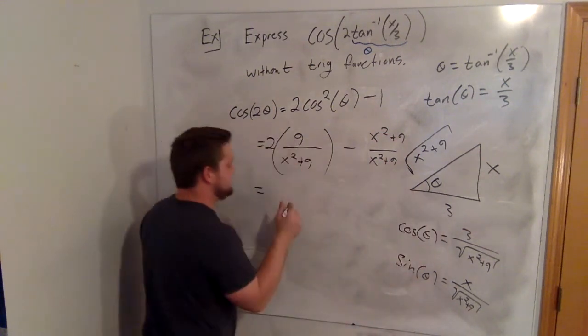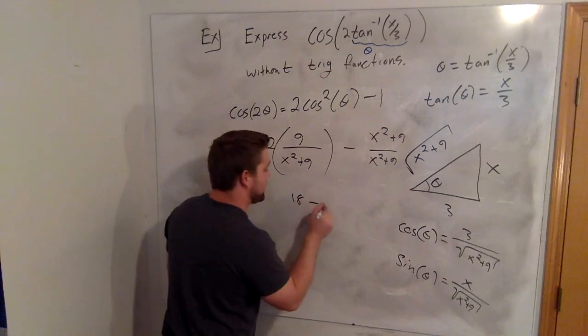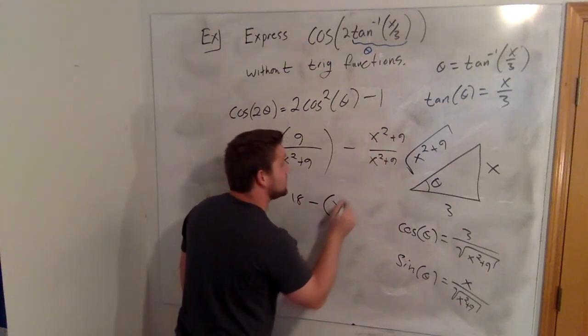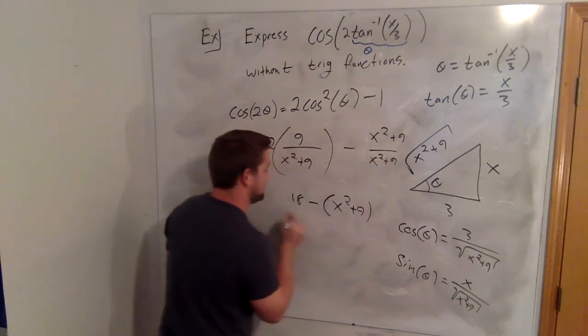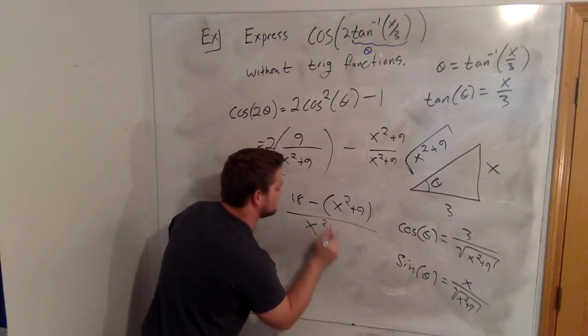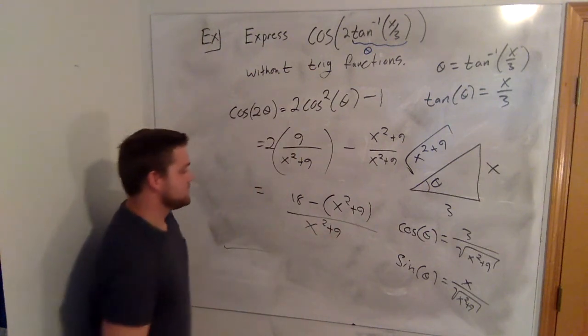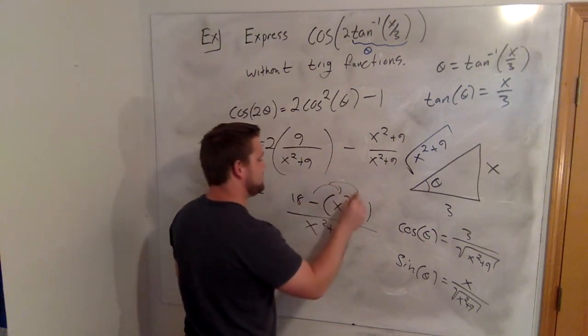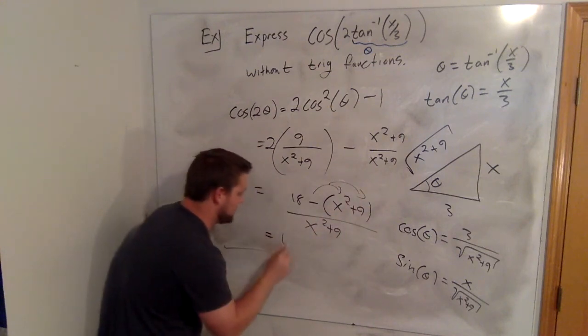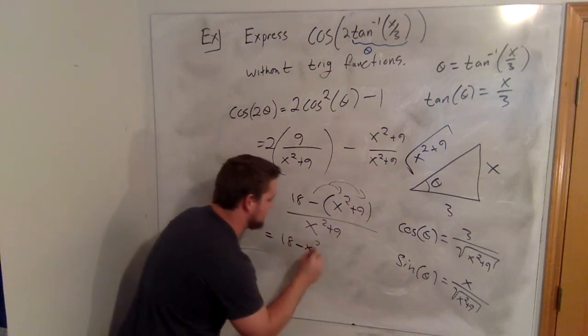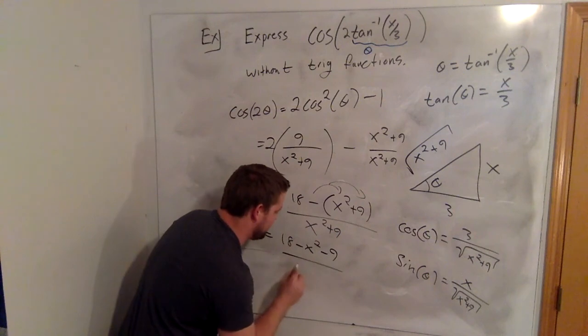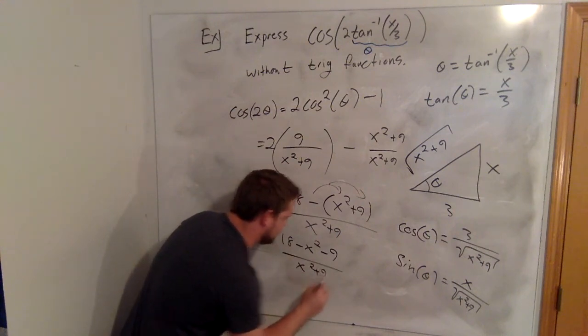So we'll have 18 minus, don't forget the parentheses, x squared plus 9 all over x squared plus 9. Distribute in that minus sign. We'll get 18 minus x squared minus 9 all over x squared plus 9.